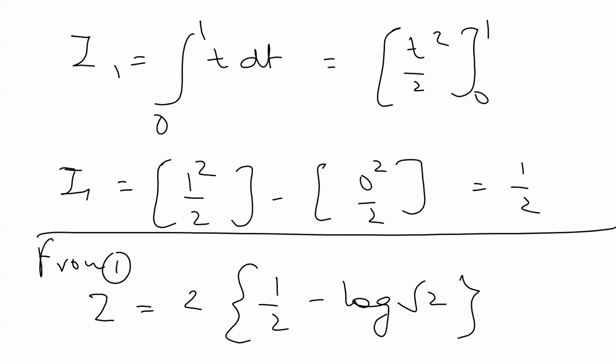So you multiply 2 with both. 1 minus 2 log root 2. Now this 2, you can take it over here and make square for the value. So root 2 square will be 2.